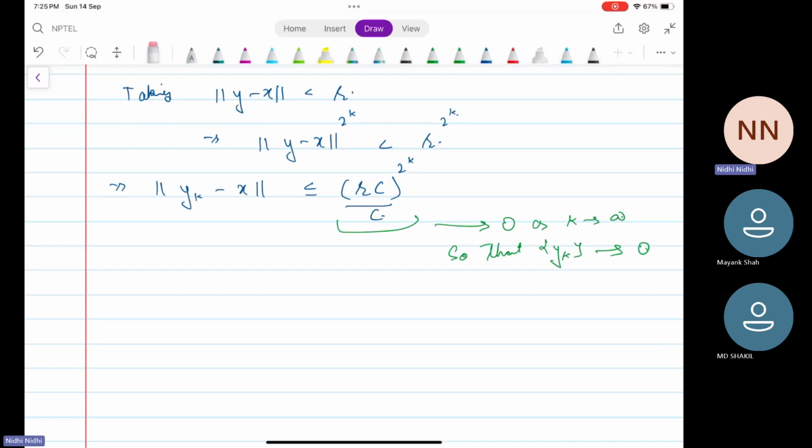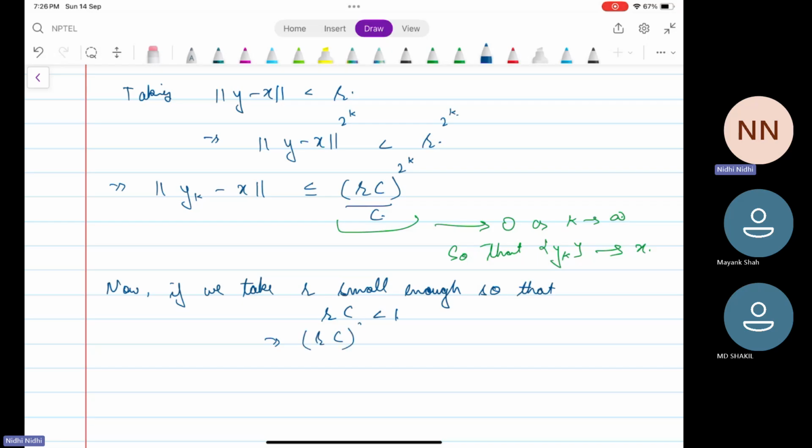Now if we take r small enough so that this rc is strictly less than 1, then we know that obviously rc to the power 2 to the power k will go to 0.